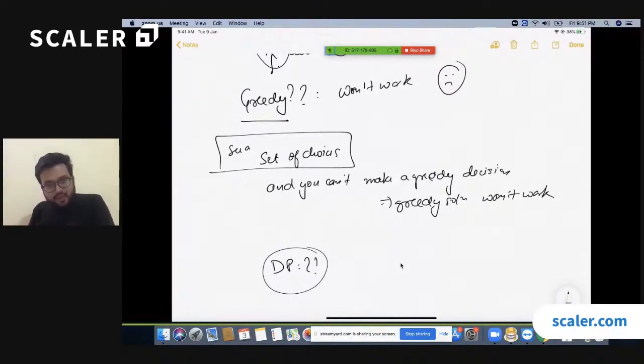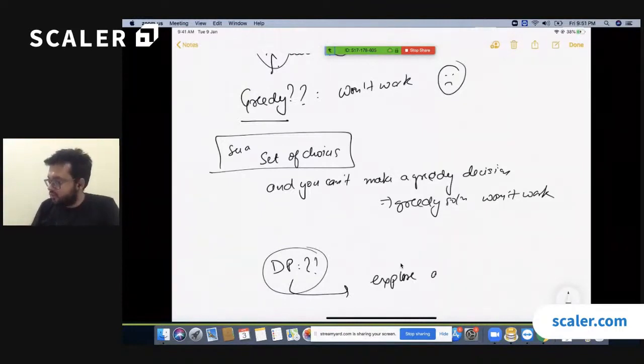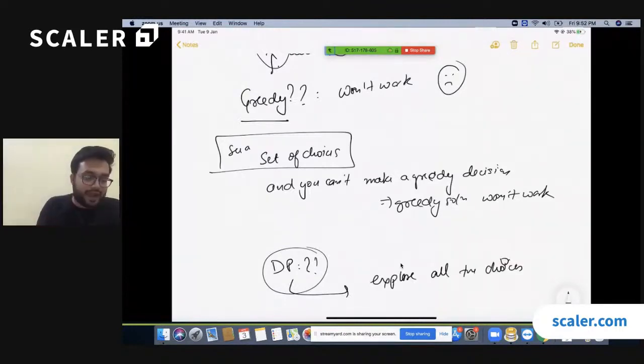The moment you see a set of choices and you cannot just greedily make a choice, a DP solution says let's explore all the choices that you have. And if you can explore all the choices, then you can think in the DP direction. Greedy won't work, so let's think the dynamic programming way.